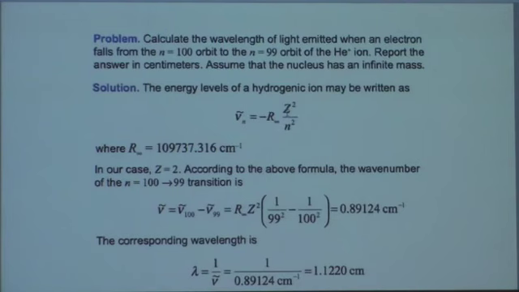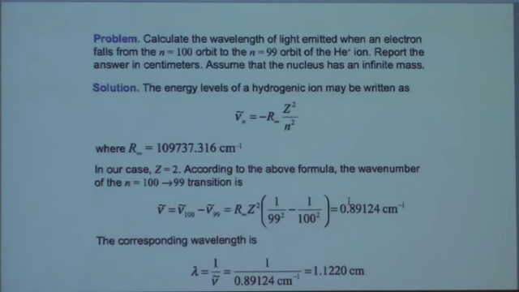And the fact that we should assume infinite mass means that a certain Rydberg constant should be considered. It's this one. And then we just need to be careful that we go from the 100th to the 99th level. And the expression is relatively simple.